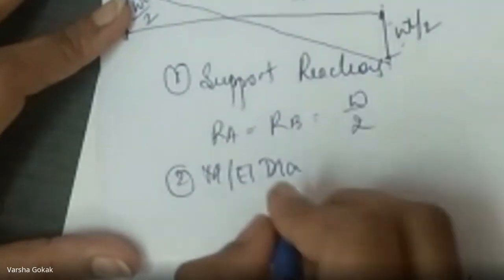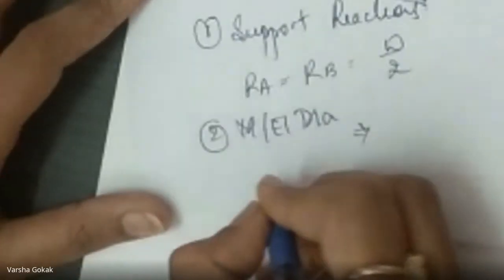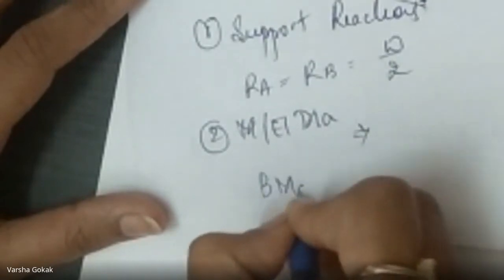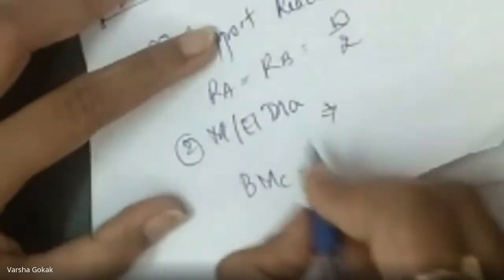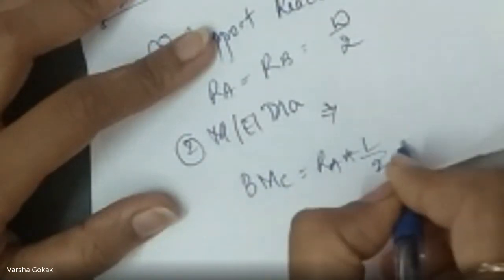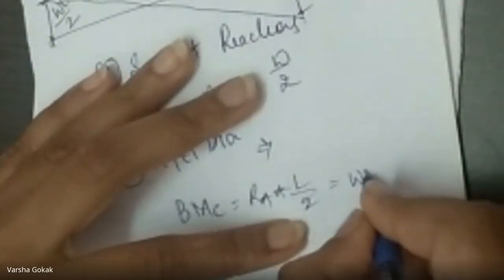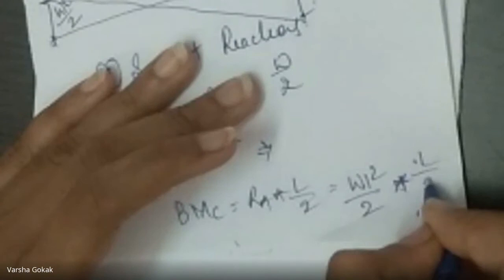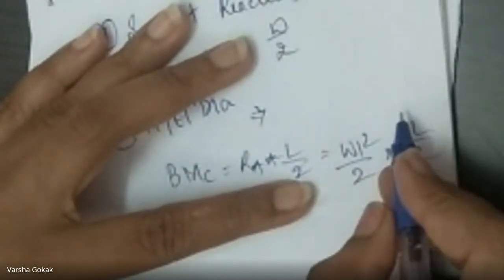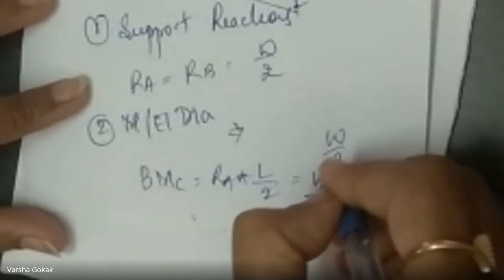The M by EI diagram is going to be equal to what? From this I want the bending moment at point C. How will I get the bending moment at C? Ra into L by 2. What is the value of Ra? It is W by 2, so W by 2 into L by 2.